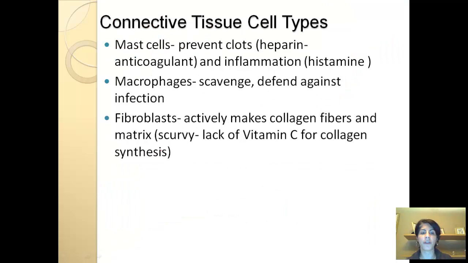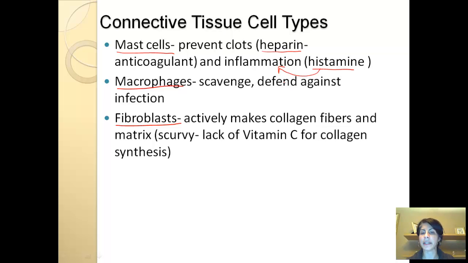Connective tissue cell types. So other than fibroblasts, which we took a look at a few minutes ago, there's also mast cells. Mast cells prevent clots by releasing a chemical called heparin, which is an anticoagulant, stops clots from forming, and mast cells also release histamine, which maybe you've heard of antihistamines, but histamines actually increase inflammation.